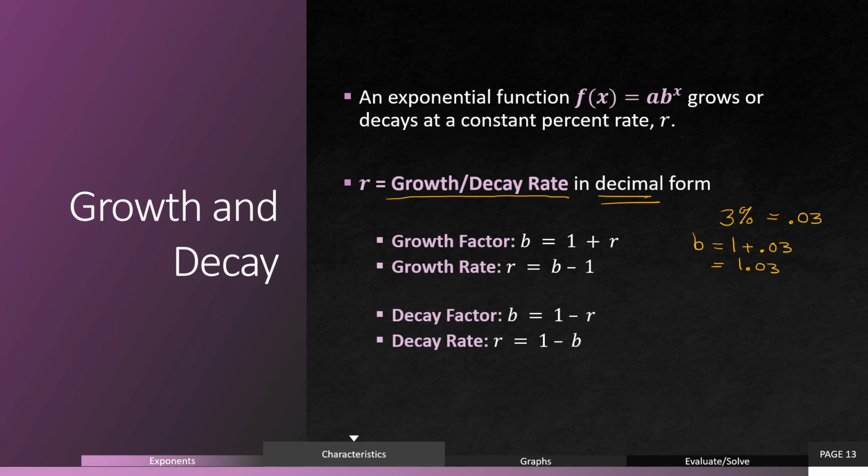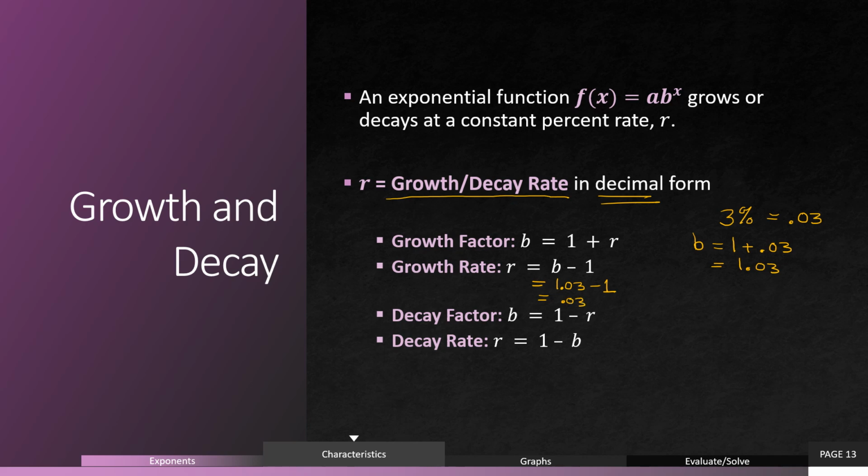If we had a function and we knew b and we wanted to calculate the rate, we can do the same thing, working it backwards, subtracting the 1, and that would get us back to 0.03.